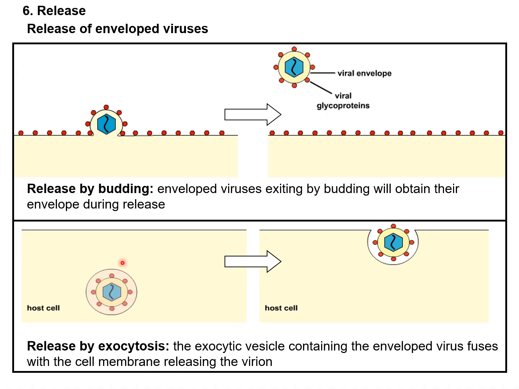So towards the final step of that procedure, going through the ER and then the Golgi network, the virus acquired this exocytic vesicle from the trans-Golgi. And so what's going to happen next is that this exocytic vesicle is also a lipid bilayer, and so it will fuse with the cell membrane, hence releasing the enveloped virus to the outside.